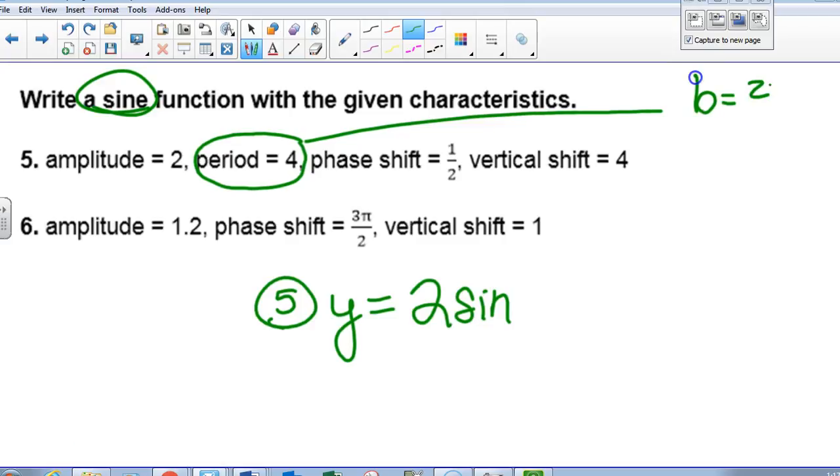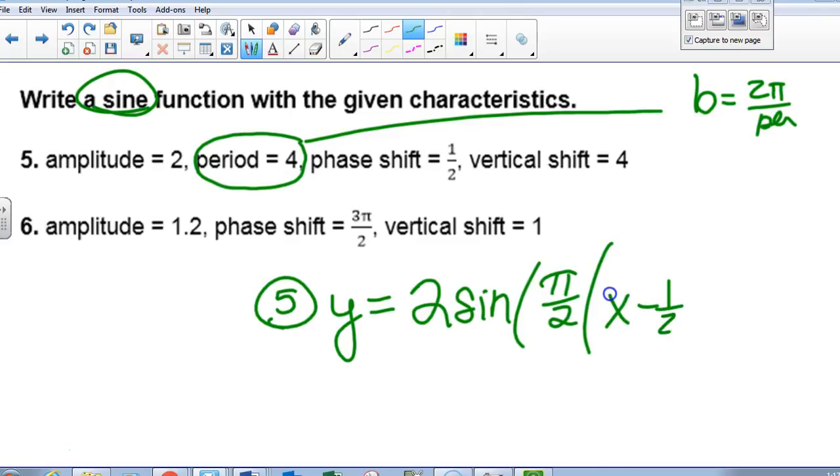B is equal to 2 pi divided by the period, or the period is equal to 2 pi divided by B. It doesn't matter. So B is 2 pi divided by 4, or pi over 2. Now, if you want to do factored form, all you have to do is x minus 1/2 for the phase shift. And the vertical shift is +4.